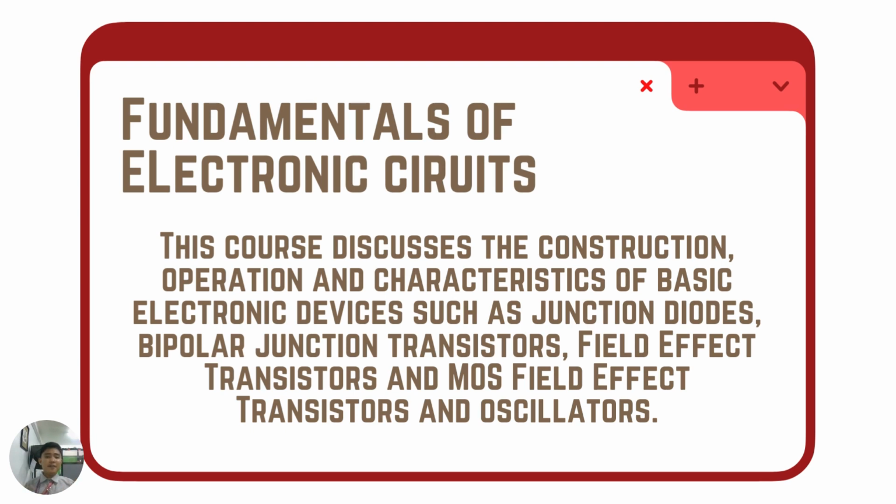But here, in our junction diode, we already have a relationship that cannot be described by Ohm's law. So the key thing to remember for the junction diode is that it enables the passing of current through one direction only.